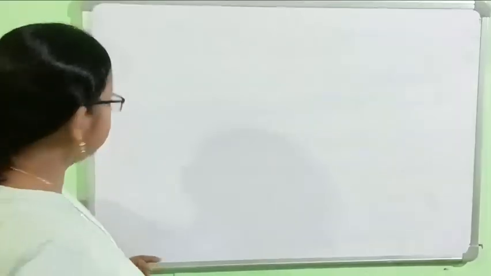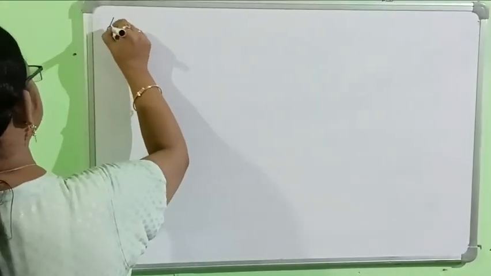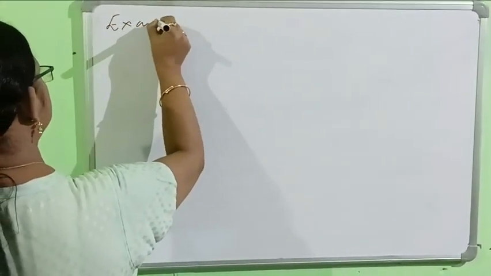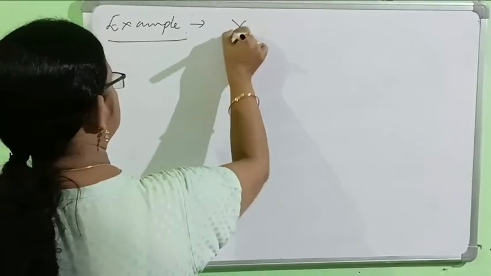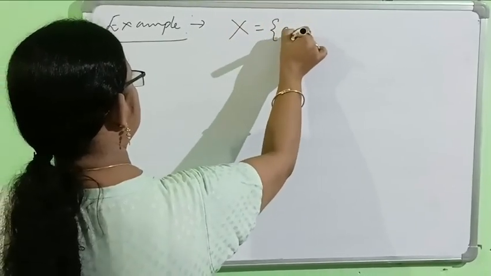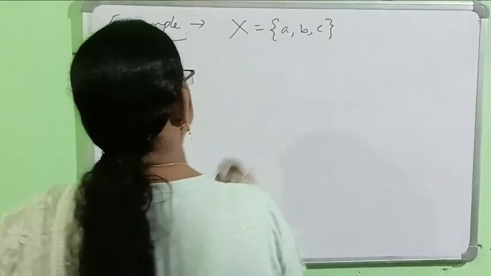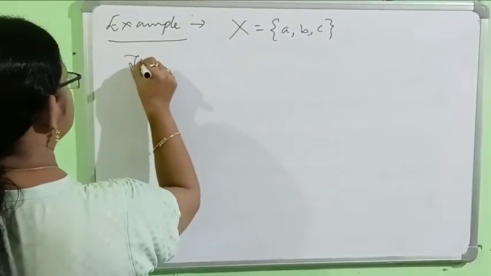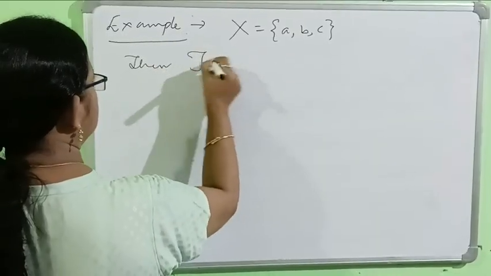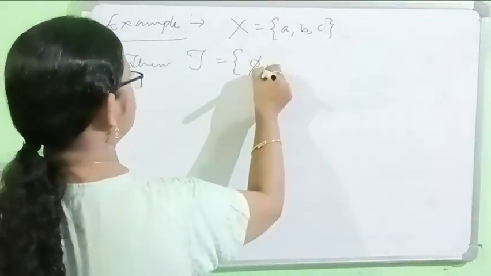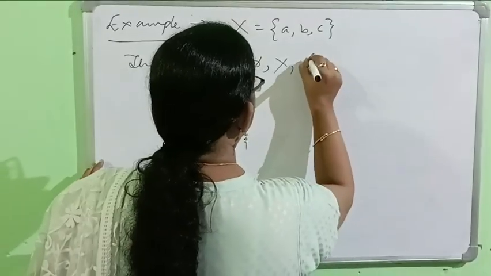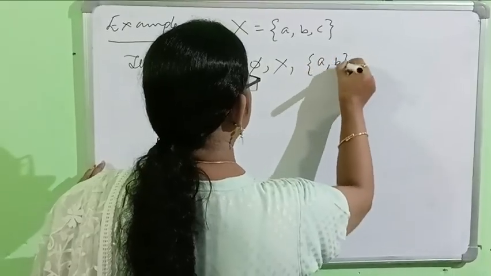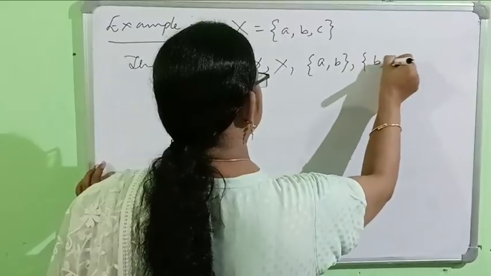Let X equal to {a, b, c} be a three-element set, and T equal to {phi, X}, the trivial elements of a topology. Then consider {a, b} and {b, c}.